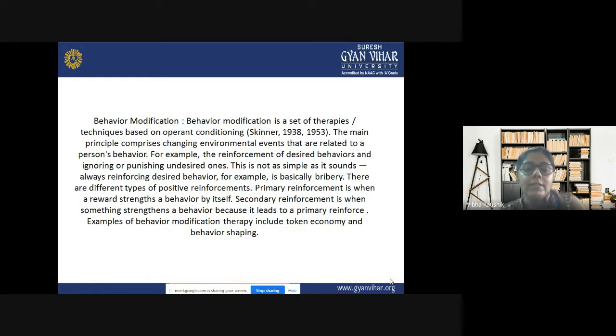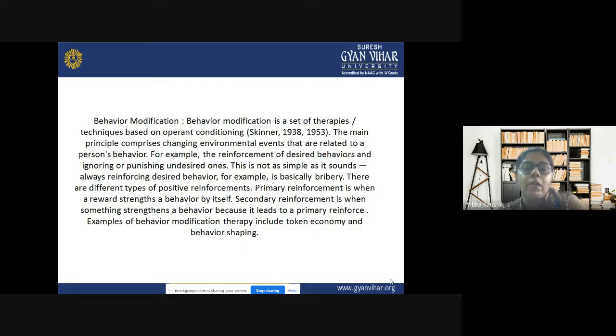The main principle comprises changing environmental events that are related to a person's behavior, how that person is behaving.